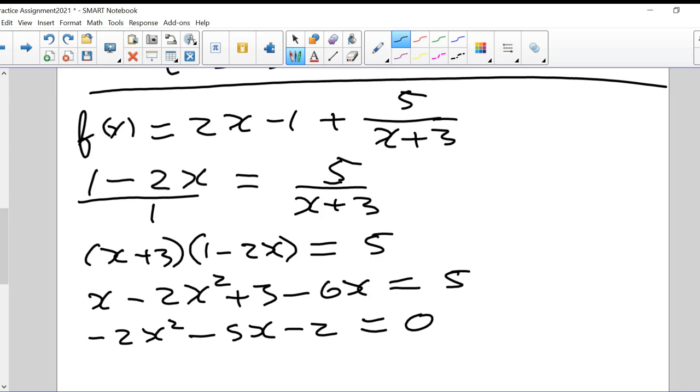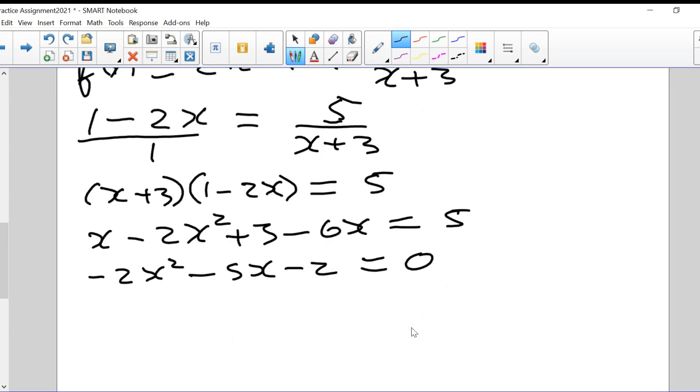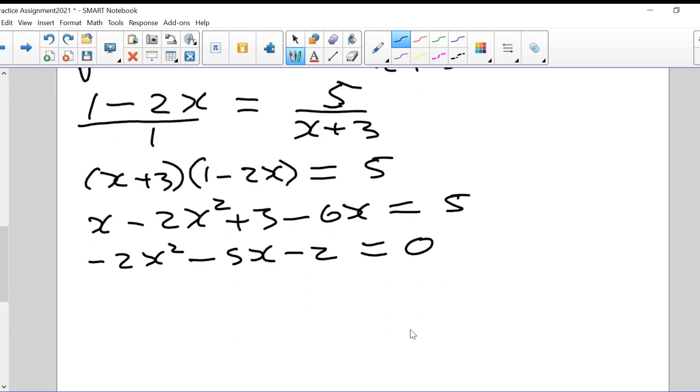Now, here's my word of advice to you. Whenever I have a negative lead coefficient on a quadratic, and the other side is already equal to 0, what I do is multiply through everything on both sides by minus 1. So everything changes sign. Really I'm dividing by minus 1, which has the same effect.